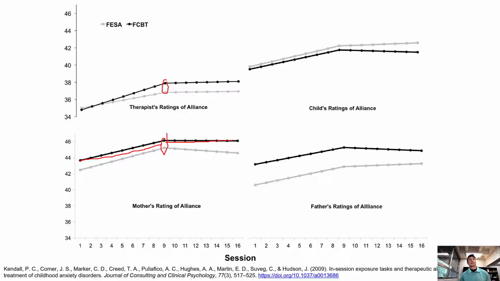What we saw in the dark line here, this is the Coping Cat treatment, is no decline in alliance. Alliance stays relatively flat once exposures start. So we didn't see this decline that people thought would happen, that once the child would start going through exposures, the therapist might look like a bad person.